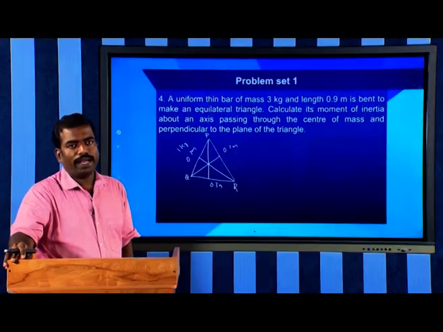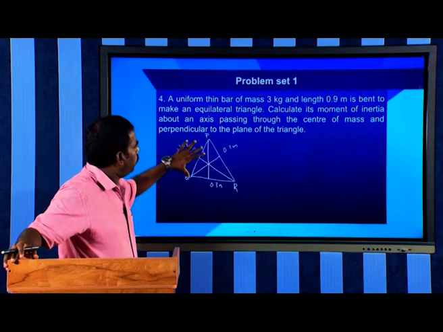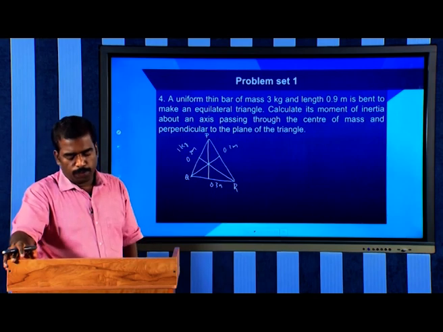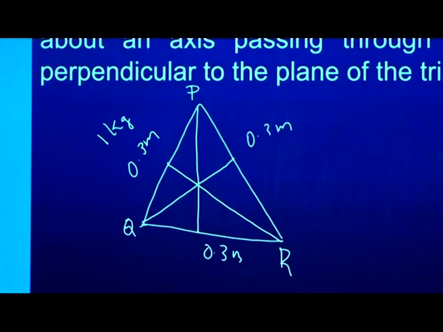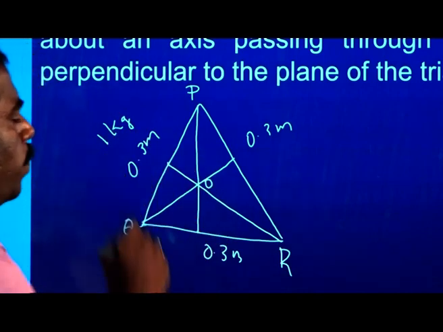First, we are going to find the moment of inertia of the side PQ about the perpendicular axis through O. This is the center of mass, the perpendicular axis through O.